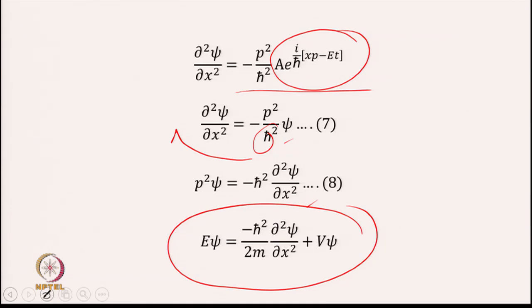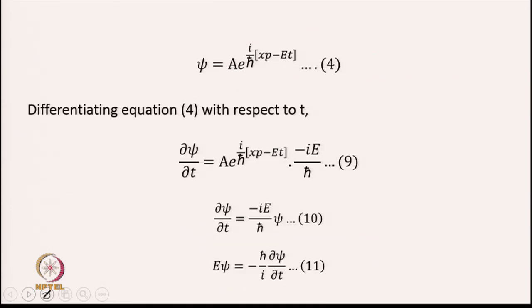Now let us see what we get if we differentiate this wave function with t. So we have seen how the wave function changes with position x. Now we will see how the wave function changes with time.